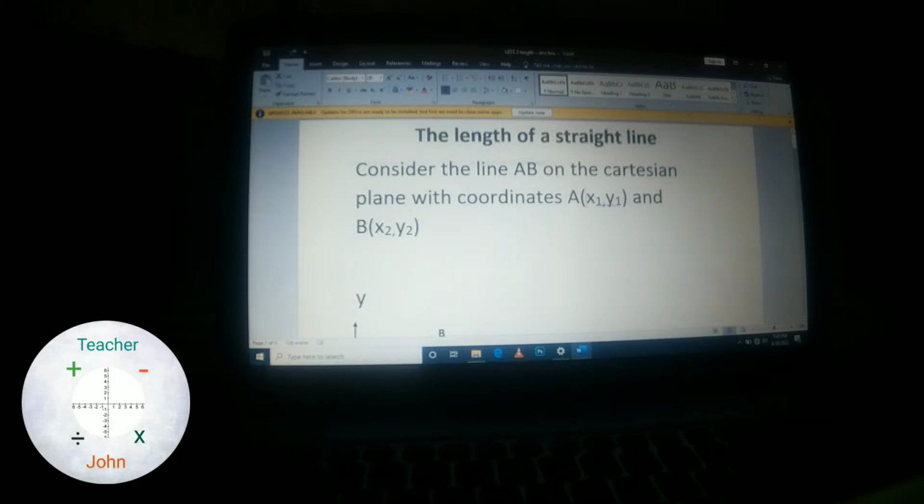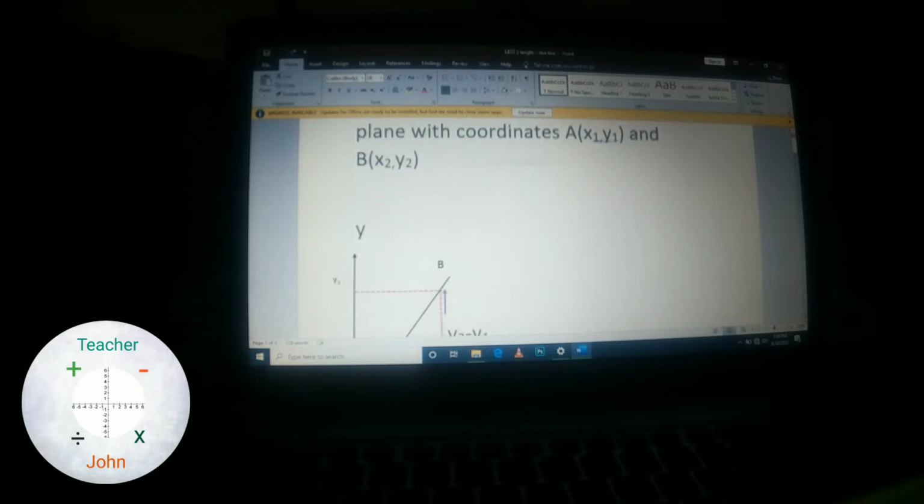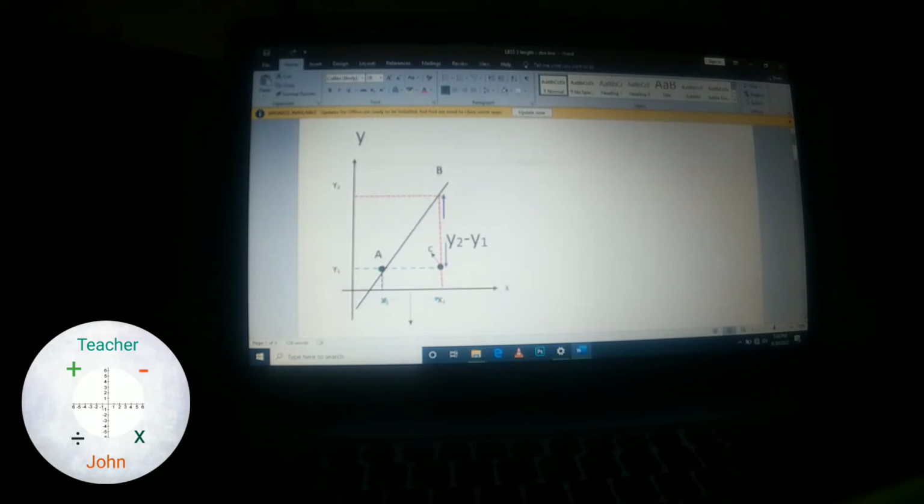x1, y1, and B, x2, y2, and we come to our Cartesian here. When you see our Cartesian, we have the y-axis, we have also the x-axis. So if we have a line like this, and we just locate 2 points, this A and also this B. When you locate those points, you also note where they meet the x-axis and also the y-axis.